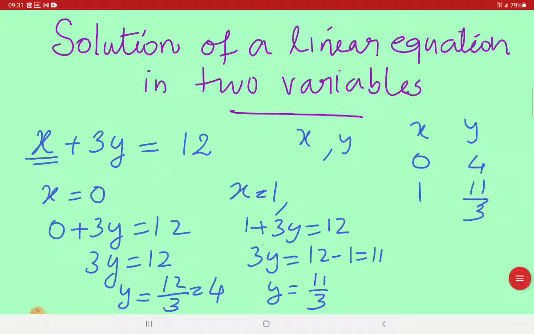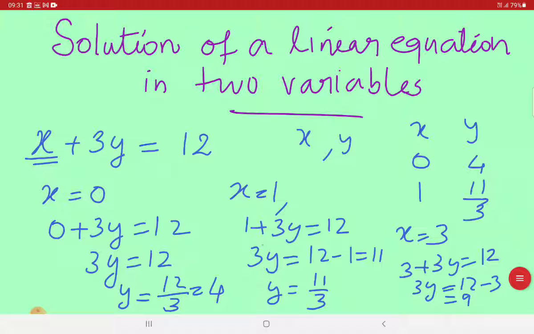Next I am going to give x equal to 3. Then 3 plus 3y is equal to 12. 3y is equal to 12 minus 3, that is equal to 9.